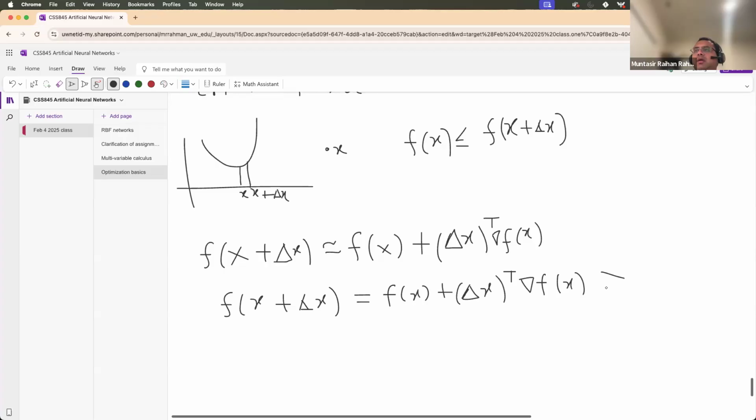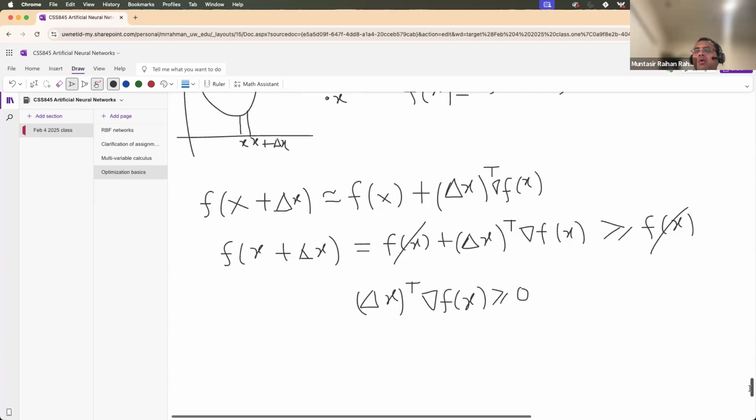This must be greater or equal to f of x, and now I can get rid of this and this, and from here I have delta x transpose gradient must be greater or equal to 0.